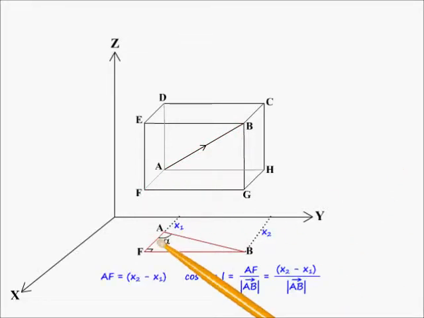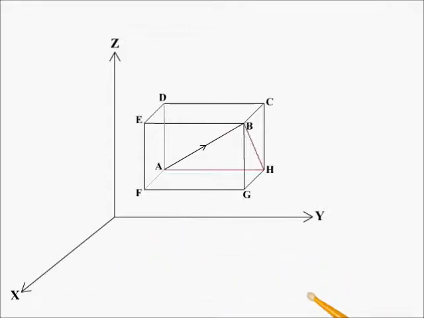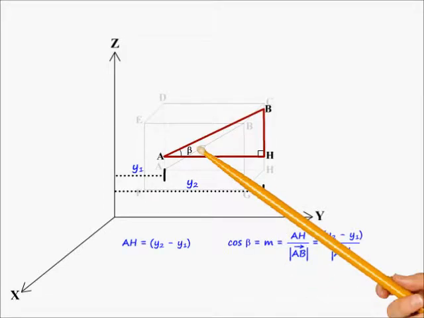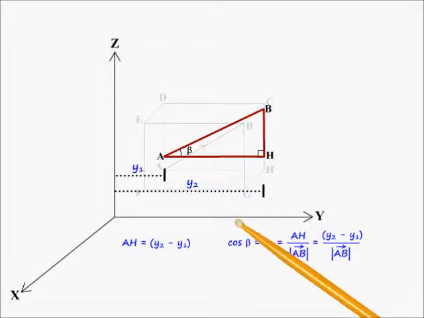Since AF is parallel to the x-axis, if angle BAF is equal to alpha, then alpha is the angle which vector AB is making with the x-axis. Clearly AF is equal to x2 minus x1 and cos alpha equals x2 minus x1 divided by mod AB. Similarly, if we bring triangle AHB outside, then angle BAH is equal to beta, which is the angle that vector AB makes with the y-axis.